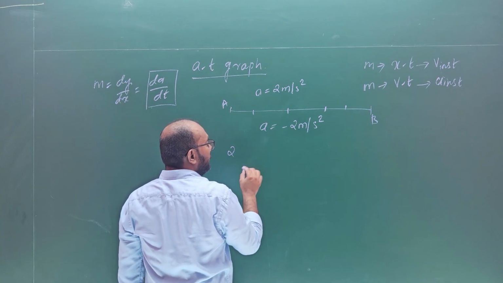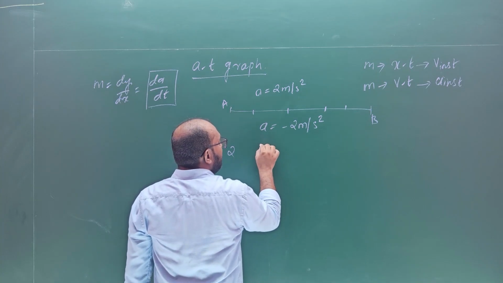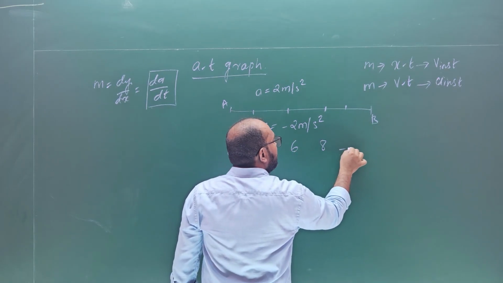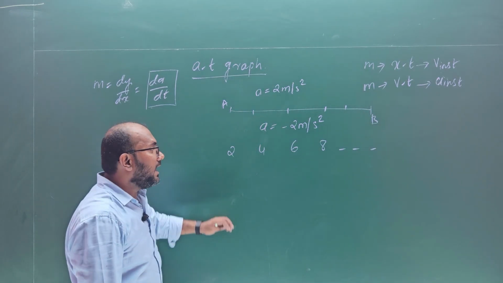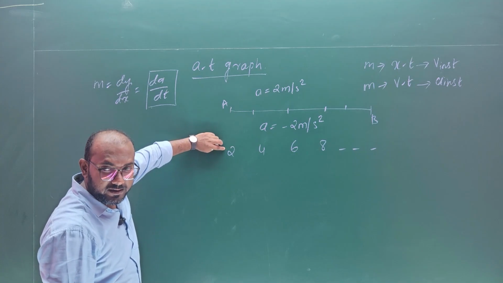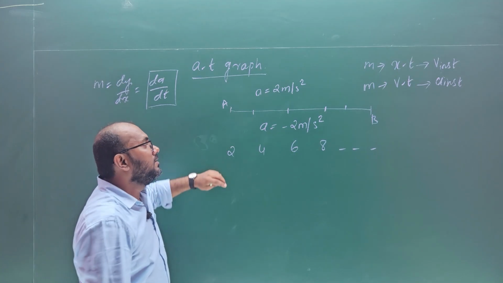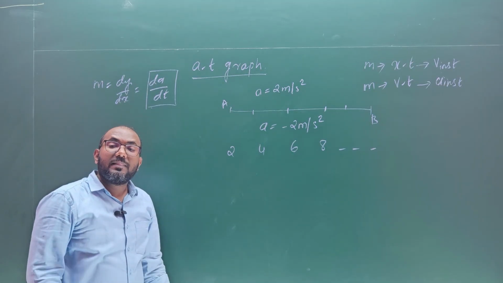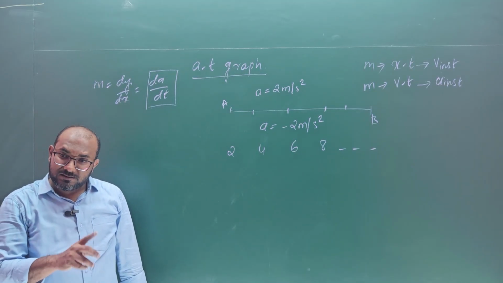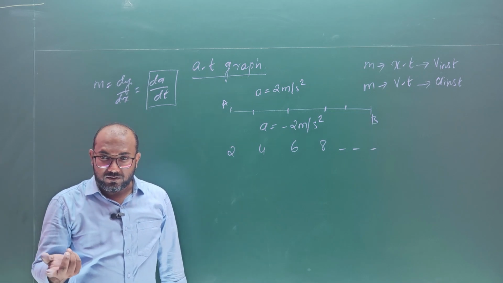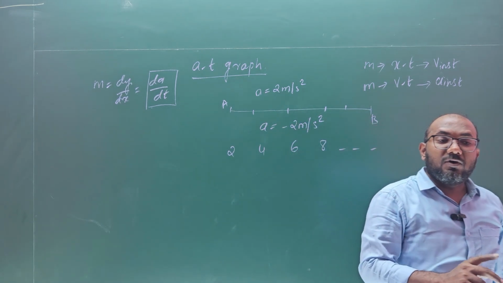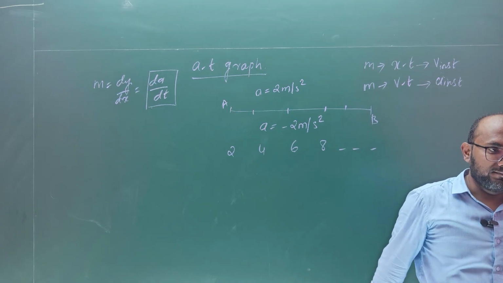Can I also say that acceleration at t equals 0 may have value 2, at t equals 1 it will be 4, at t equals 2, 6, then 8, and so on? If the acceleration is increasing at this rate, or decreasing at the same rate, then we call it acceleration increasing or decreasing with a constant rate.